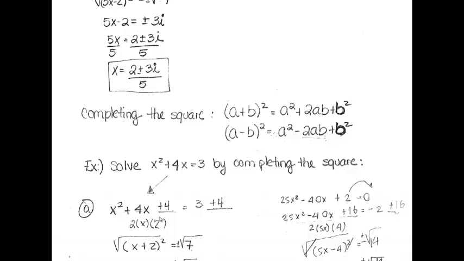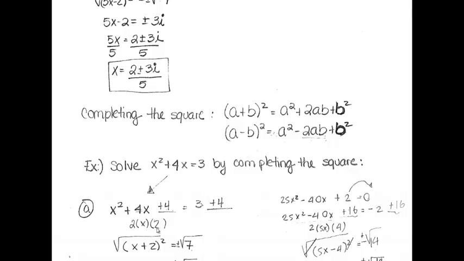Basically, I'm trying to guess what number I would have to multiply 2 times x by to give me 4x. Well, it's going to be 2. So 2 times x times 2 would give me 4x. So if this second number is 2, according to the formula, we have the first one squared plus 2 times the first times the second plus the second squared.